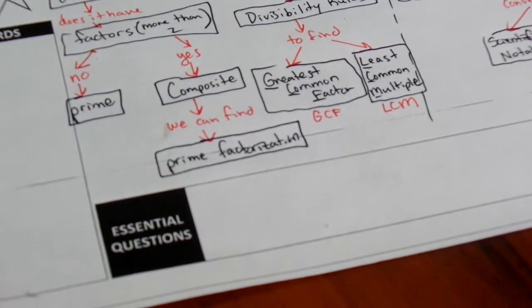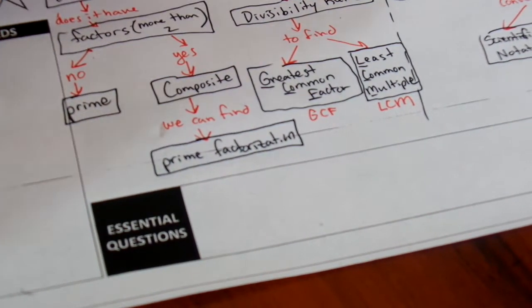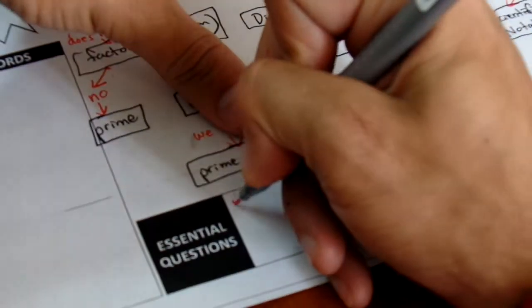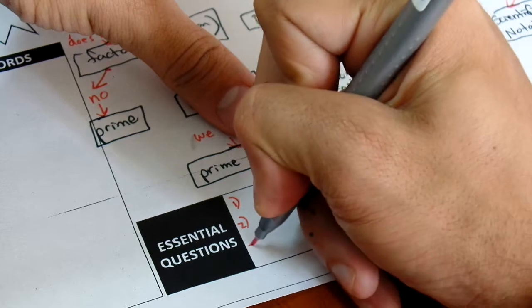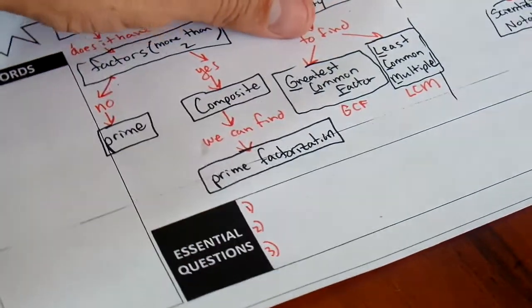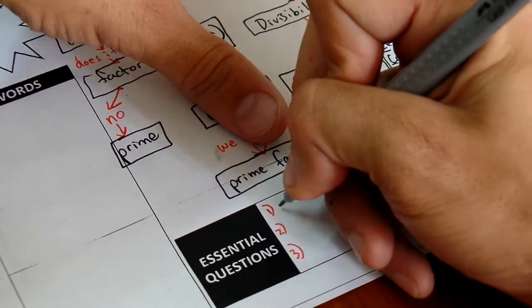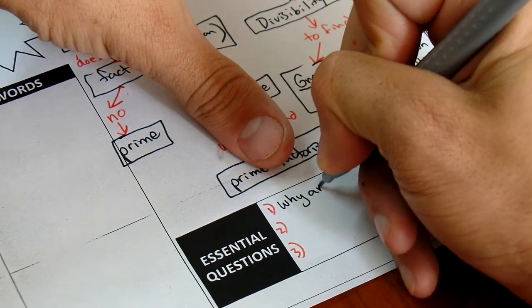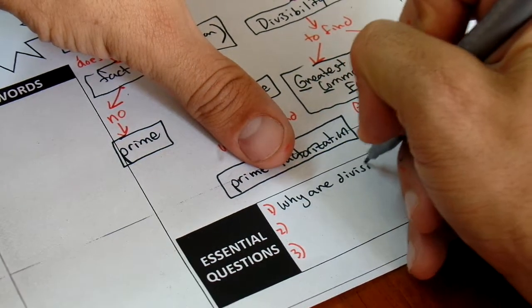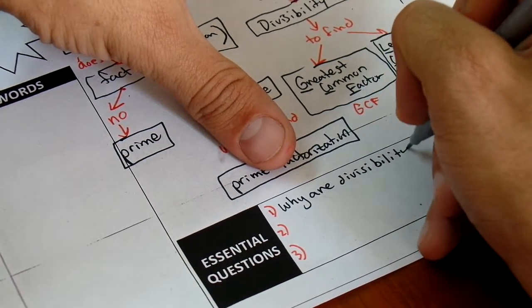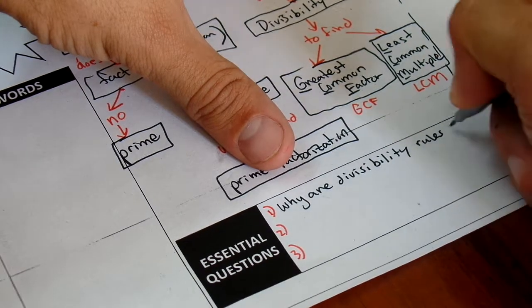Alright, so we have something called essential questions, which are basically 3 big questions that you can think about throughout the lesson. So I want to know, why are divisibility rules important?